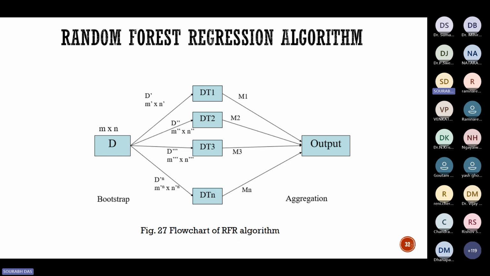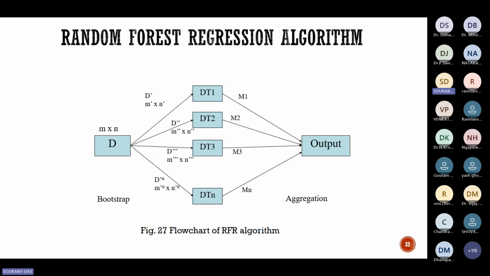To improve the model performance, bootstrap sampling is applied to D. This results in the creation of multiple data sets like D', D'', up to DN. Each subset contains slightly different samples, allowing for the training of distinct decision trees. Each of these subsets is used to train an individual decision tree.